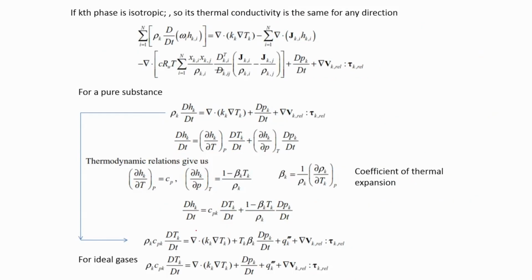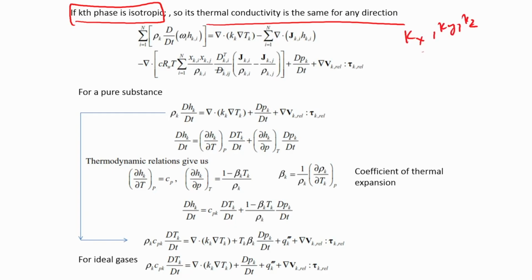Now, if the kth phase is isotropic, what do we mean by isotropic? It means that there is no variation in thermal conductivity in any direction. So, thermal conductivity is not like kx, ky, kz, they are all the same as k.